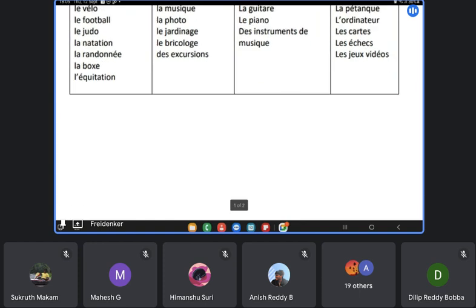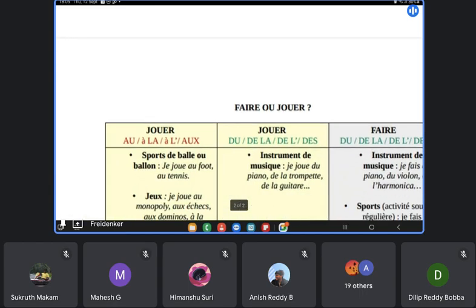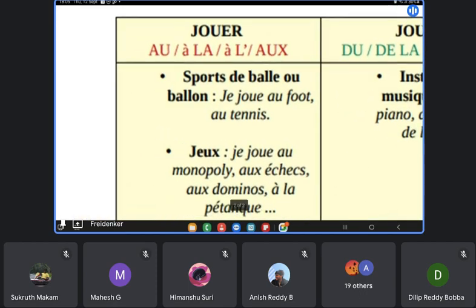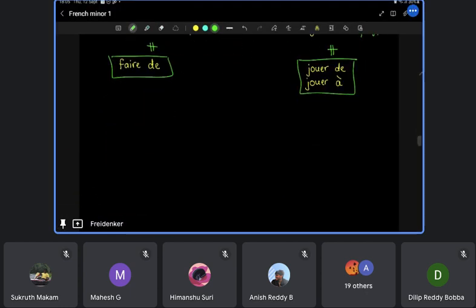what we are going to look at now: where to use faire or jouer. How do we use this? I will zoom into one specific thing. You use jouer along with à when you have some game. Let me write it here.